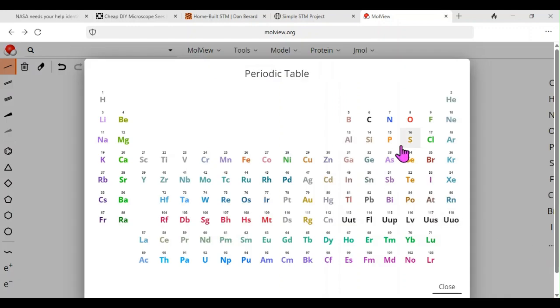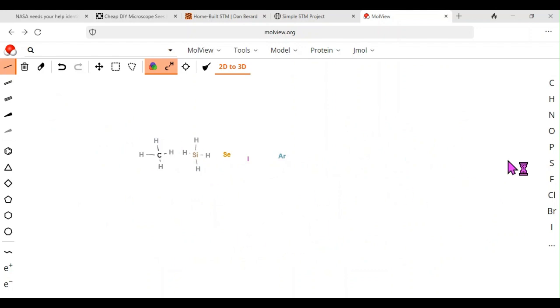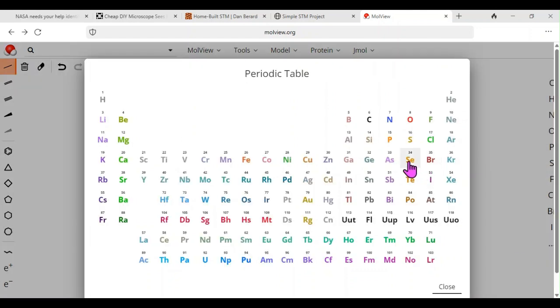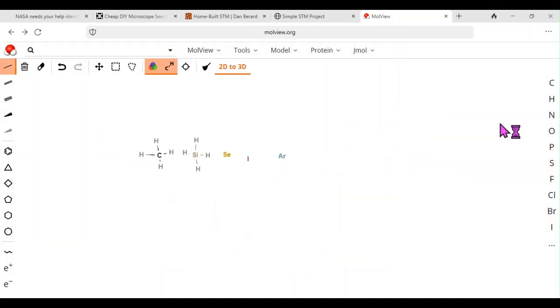Now, it turns out selenium behaves differently. It, along with the others in its column, like oxygen and sulfur, only gets 2.